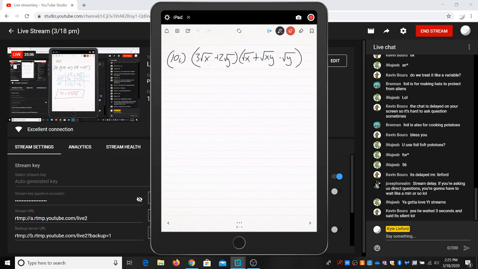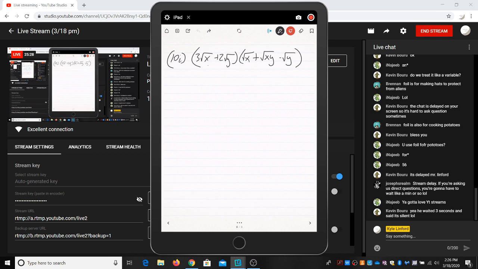So in this case, you could do the distribution method. And if you wanted to do that, you would have to distribute each of these through individually to each of these terms. That's going to be a little elaborate.